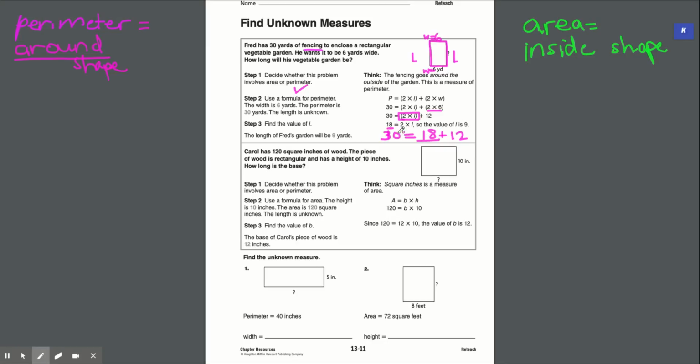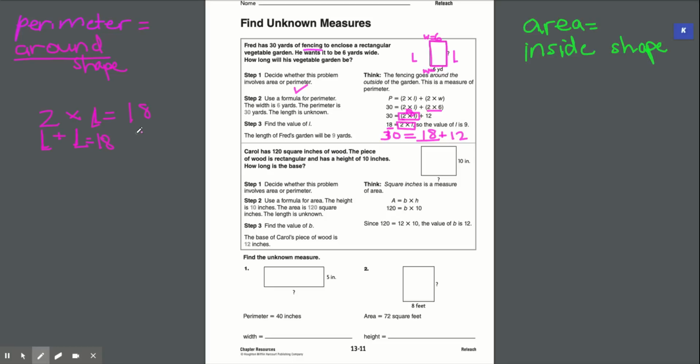So 18 is equal to 2 times L. 2 times L is going to be equal to 18, right? So L plus L is 18.